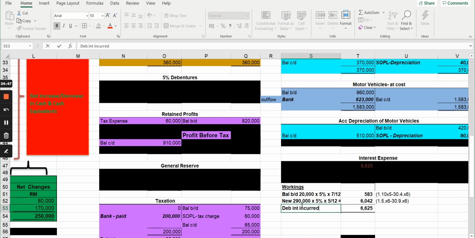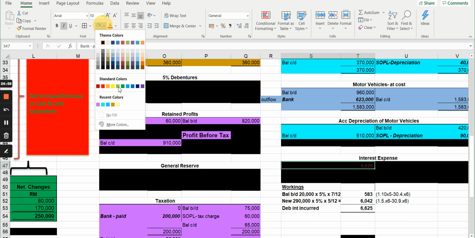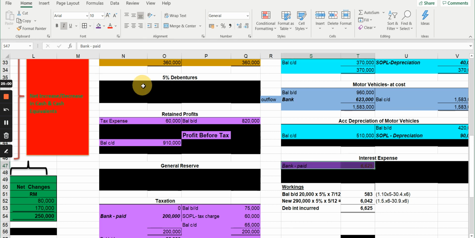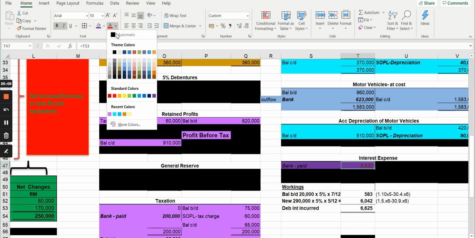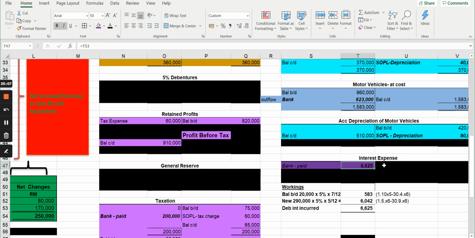So this is the amount that you incurred, debenture interest that you incurred. And since there are no debenture interest payable account given, these are what that you actually paid as well. So what you actually paid is this, right? And this is also the one that you incurred, right?